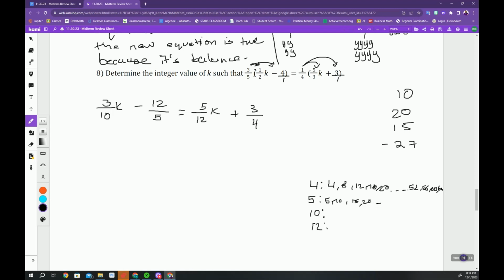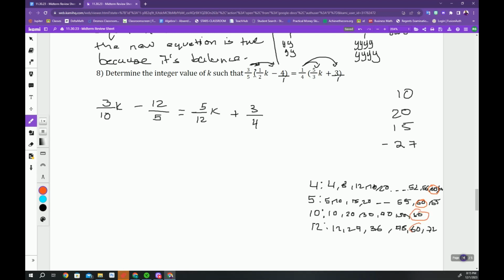We'll skip ahead a bit: 55, 50, 60, 65. Then we have 10, 20, 30, 40, 50, 60. And then we have 12, 24, 36, 48, 60, 72. If I look at them, they all have 60 in common.